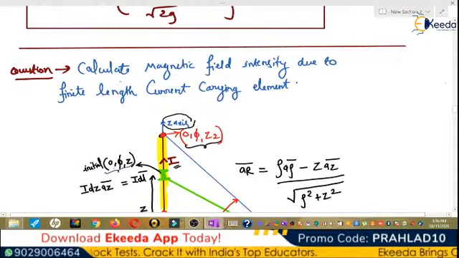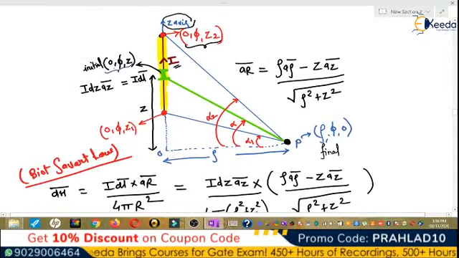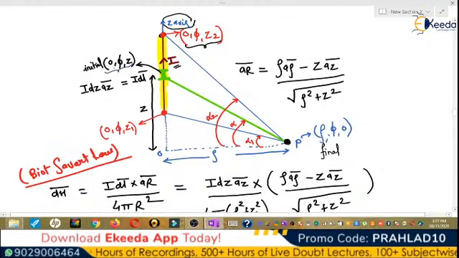Now the next question is to calculate magnetic field intensity due to a finite length current carrying element. Now this is the figure where a finite length current carrying element is given from z1 to z2, and at point P we have to calculate the magnetic field.